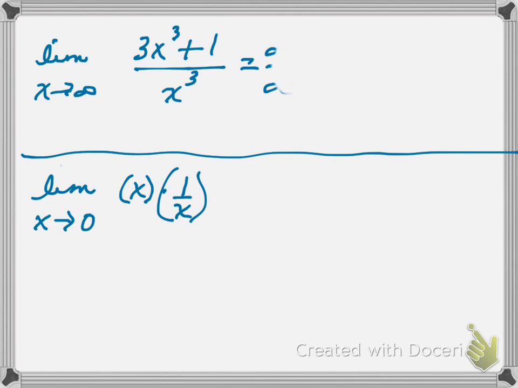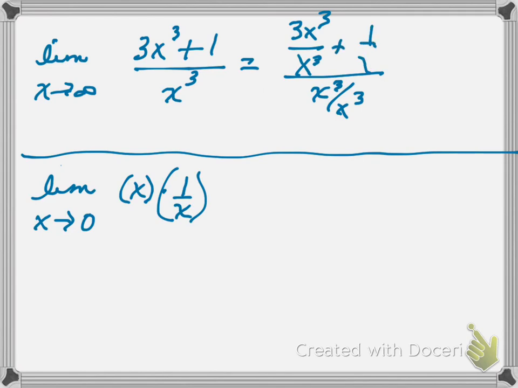So we had learned back in chapter 1, when we do problems like this, we divided by the highest power of the denominator. So when we divided by the highest power of the denominator, we had something that looked like this, x cubed over x cubed, and then we had 3x cubed over x cubed, and then we had 1 over x cubed.